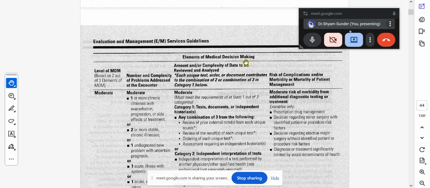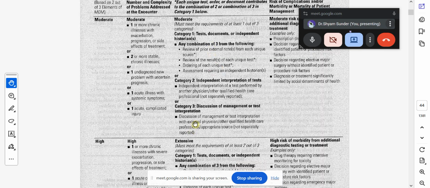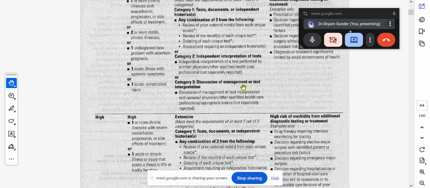Coming to the category 3, discussion of management or test interpretation. Or even before this, we have independent interpretation of tests. So anybody, you want to address this? What do you mean by independent interpretation of tests? Imagine a patient is with severe leg pain, leg injury.